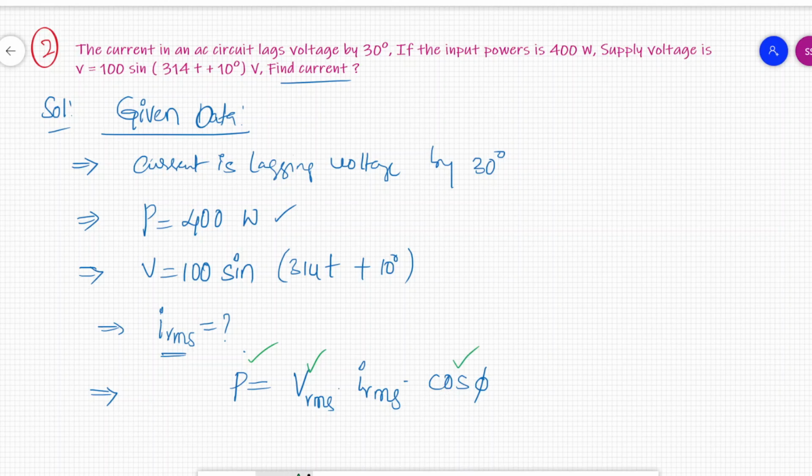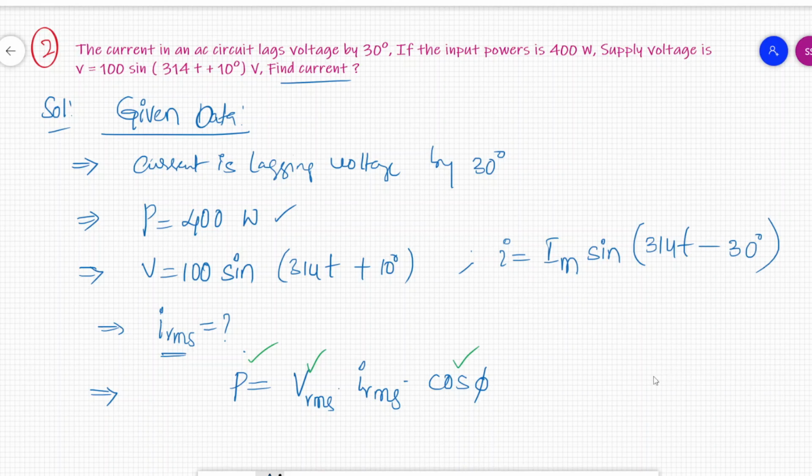Let me take the phase of the current, because he has given a phase difference of 30 degrees. So I will be Im sin(3140t plus...), with the same frequency, and the current is lagging by 30 degrees, so that means it will be minus 30 degrees. This is one current expression that I can write using the given data.